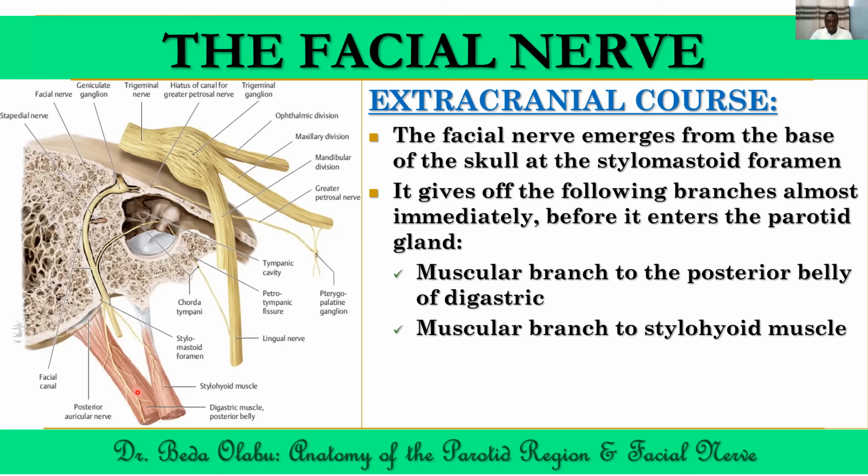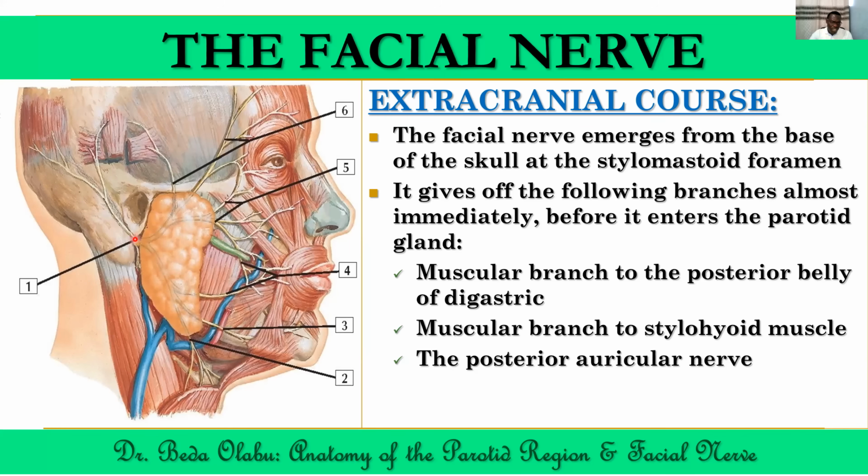It also gives you a branch that goes to the stylohyoid muscle, telling you that that muscle is also from second pharyngeal arch. And then it gives you the posterior auricular nerve. This is the posterior auricular nerve. Now, posterior auricular nerve may target multiple things.